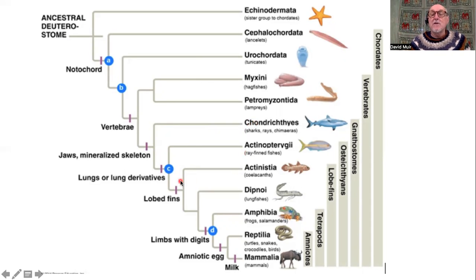And within this group, here is the Osteichthyes group here. There it is there, the Osteichthyes, and look what the derived character is. The derived character is the lung, or a lung derivative, maybe a highly modified lung.